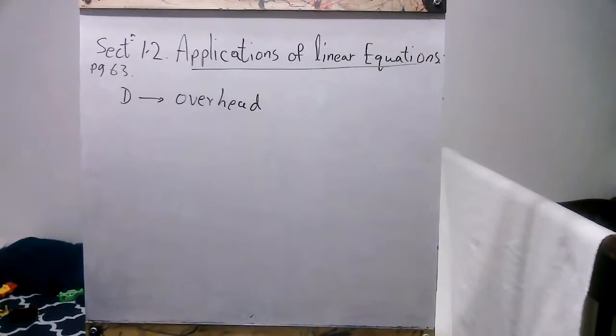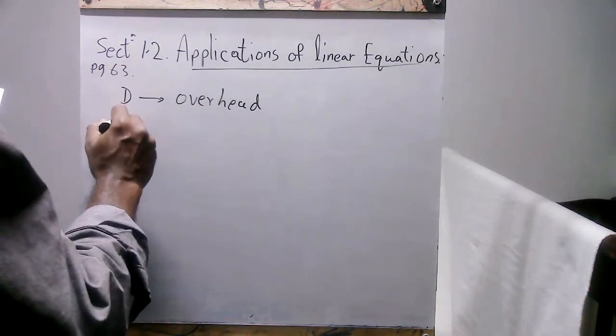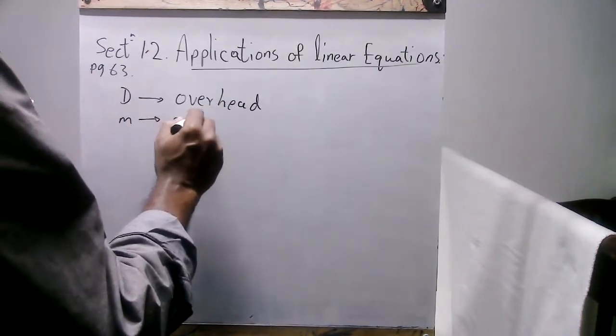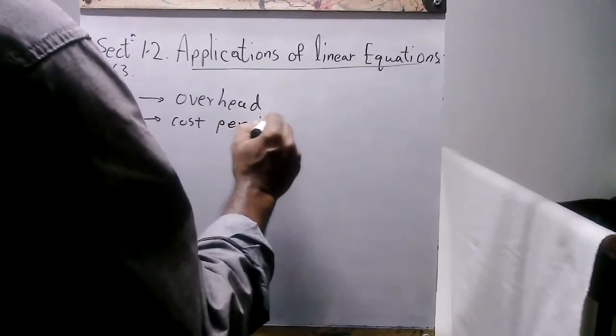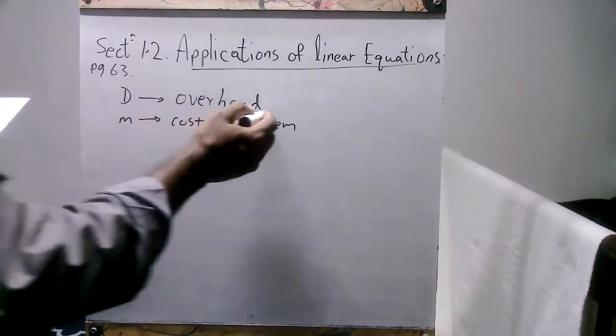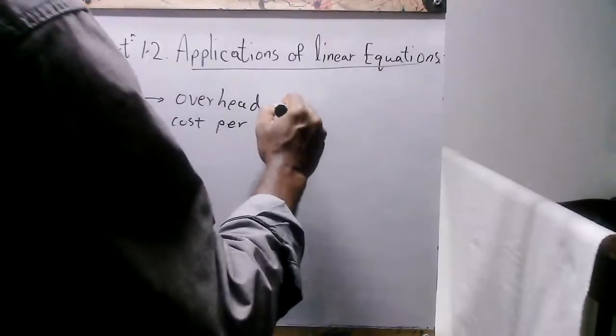Overhead $D per month. Cost of producing each of a particular item is M dollars. Cost per item, or you can say unit cost. This is per month.